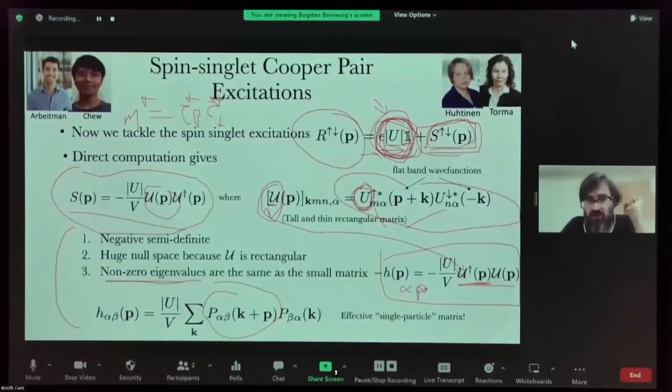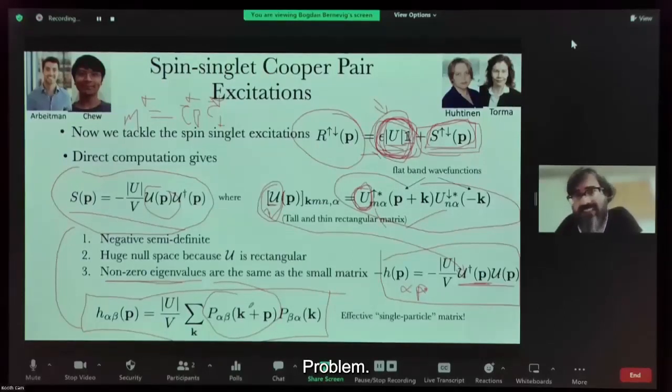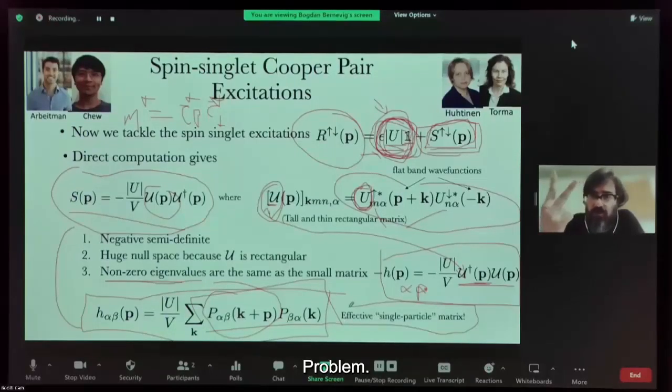The two-body spectrum has a Hamiltonian which is basically the number of orbitals times the product of the projection operators in a single-particle flat band. It's a concatenation, or convolution. So this is the effective single-particle matrix for the two-body problem.